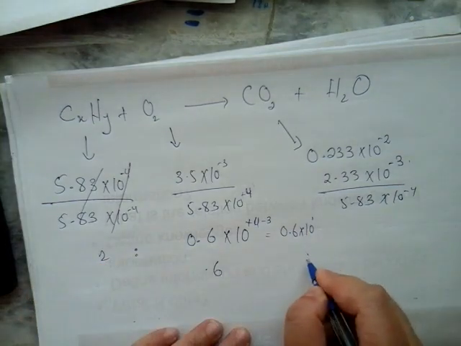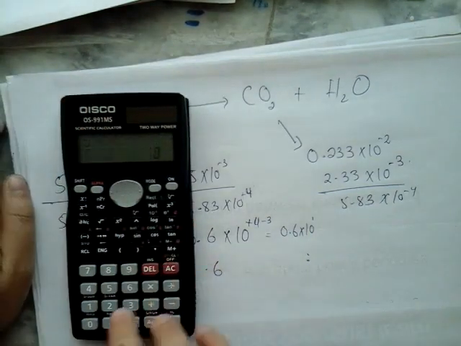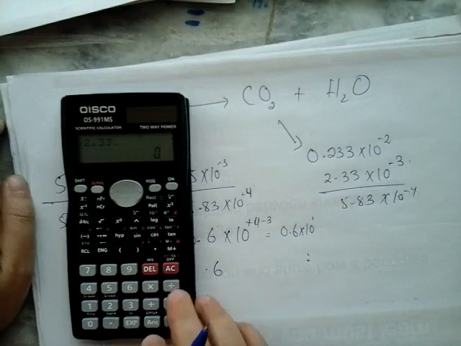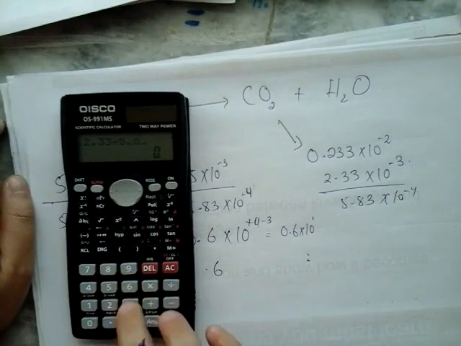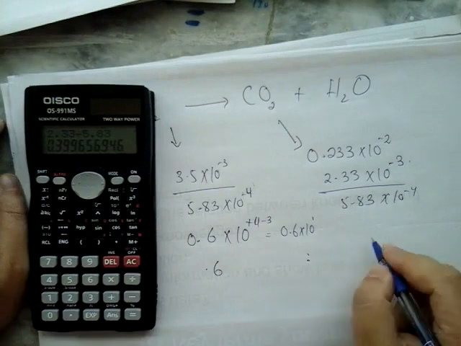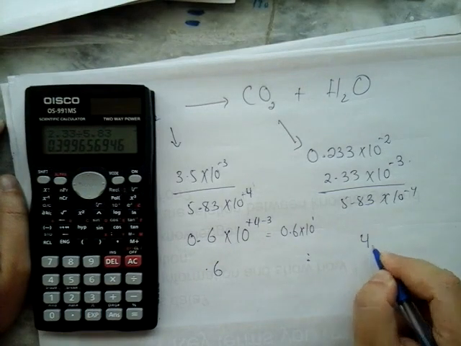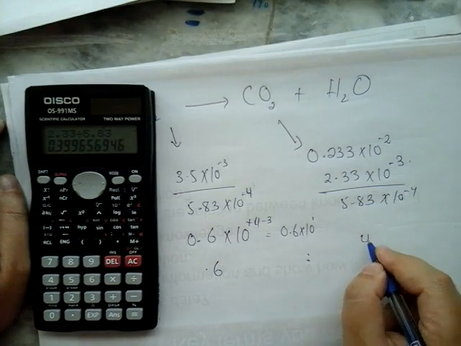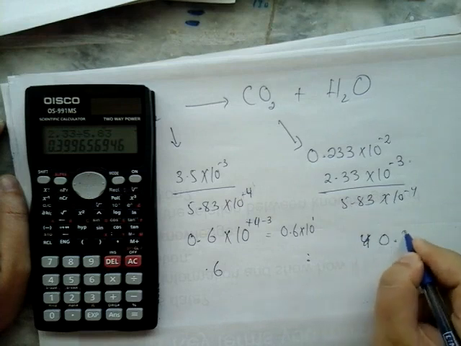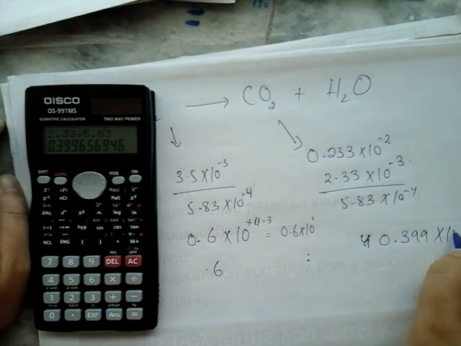Okay, and here 2.33 divided by 5.83 comes out to be almost 4, 0.399 into 10.